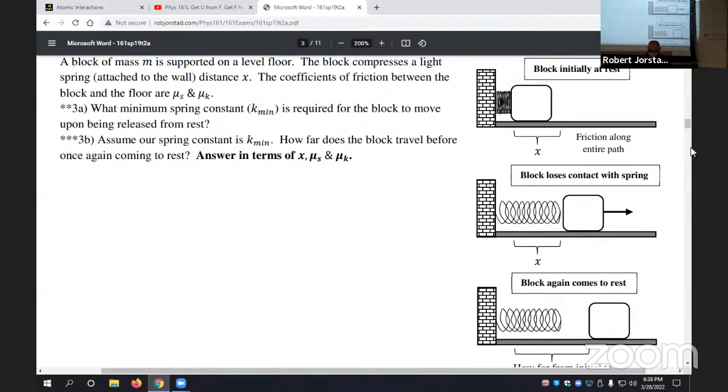Energy: K initial plus U spring plus, is there going to be work done in this problem? Friction. So you'd have to get the work done by friction, all right? So that's kind of how you do a chapter 8 with a little bit of work, which was chapter 7. Okay. We know how to do that. So the first one, what minimum spring constant is required for the block to move, what might you do for that one?